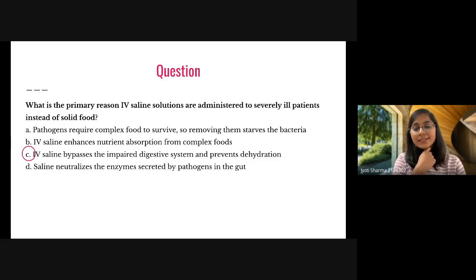And the reason is very simple: in the gut initially you have 100 or 1,000 types of bacteria in your stomach, in your intestine, that help you to digest the food. But whenever you get ill, you take the antibiotic, and the work of that antibiotic is to kill the bacteria.